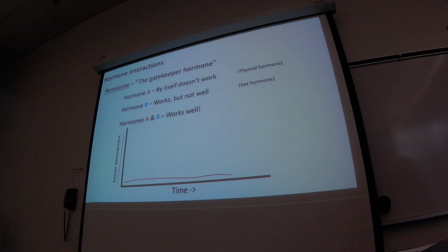It would not by itself induce any sexual development, right? But hormone B works on its own, but not very well, meaning it can eventually give rise to sexual development, but at a much later point. It's only if you had A and B together. In this example, it's the thyroid hormone and the sex hormone together.